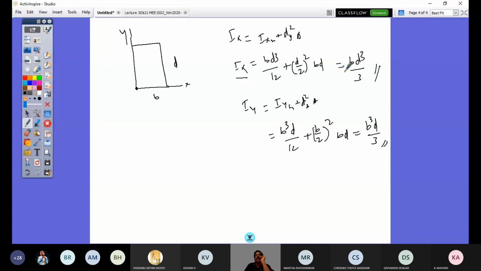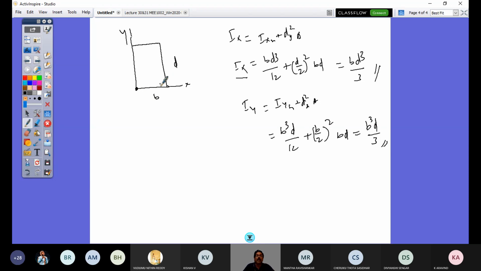So if I have my section like this, solid section, and my reference is here, my support is here at this edge, then I am still not having an appropriate orientation of my section in the system, right? So I should have my orientation of the section such that I would be able to have my maximum and minimum value of my area moment of inertia.